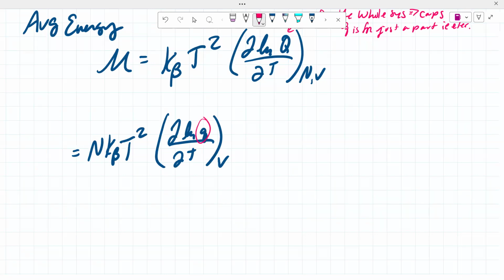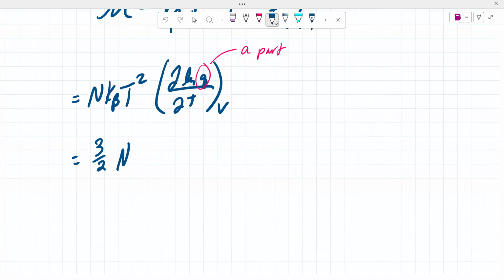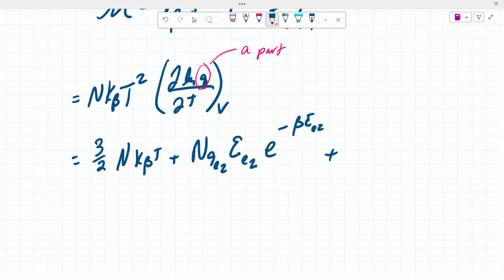Okay, so notice we have a part here. We have N k_B T plus N g_E2 E2 e to the negative beta E2, plus N g_E3 E3 e to the negative beta E3, plus blah, blah, blah.